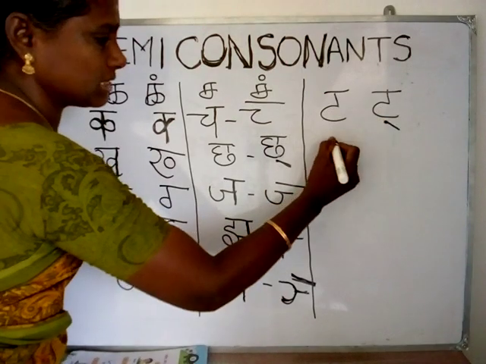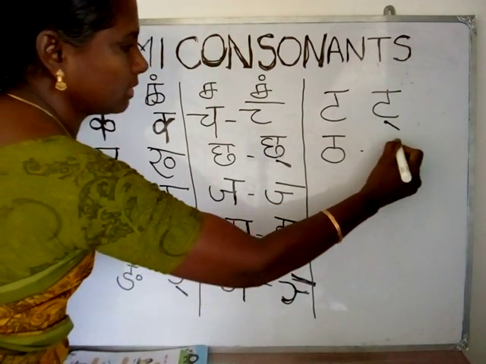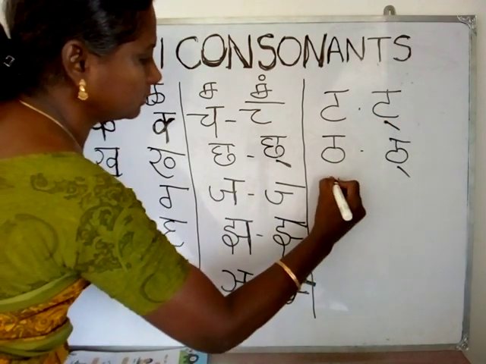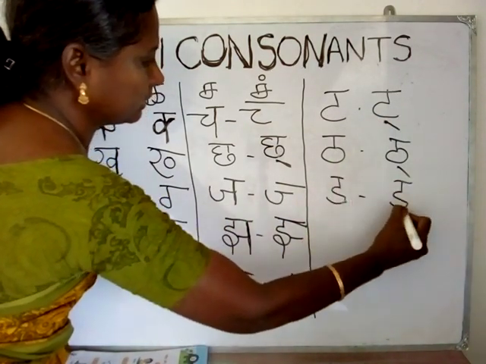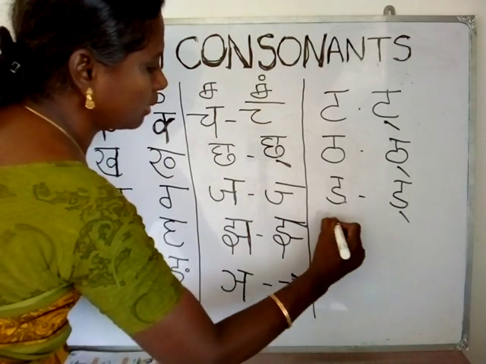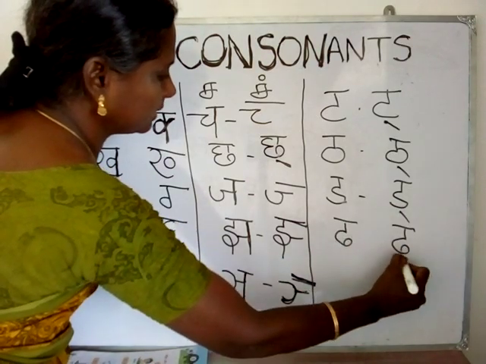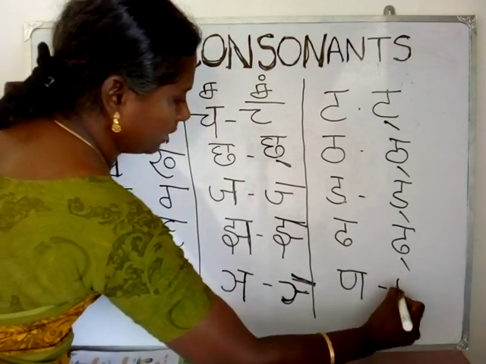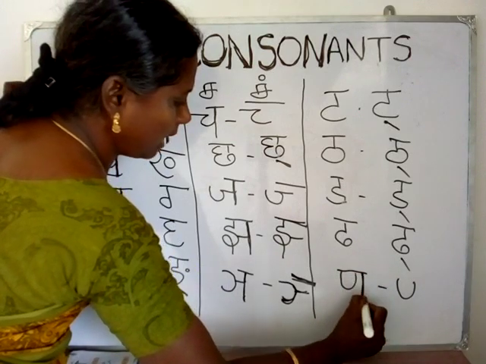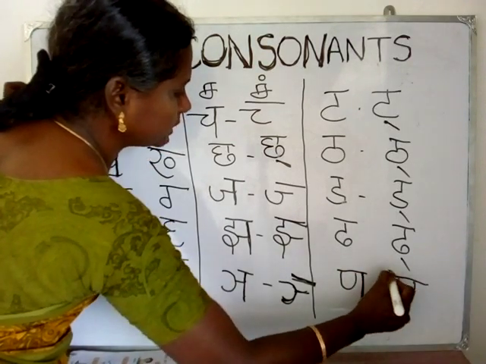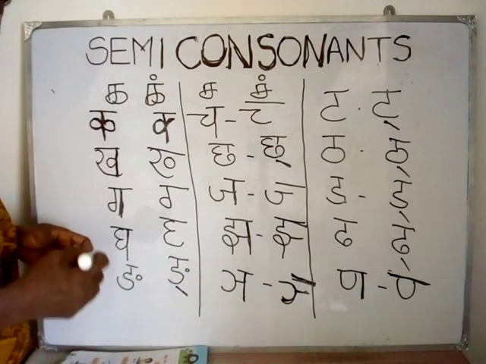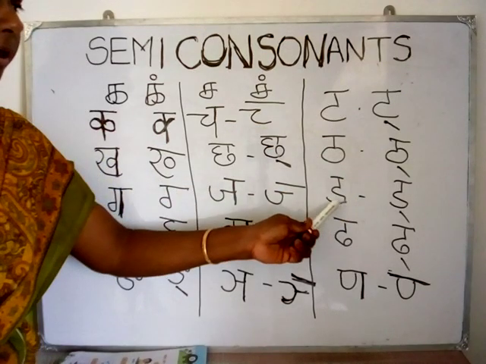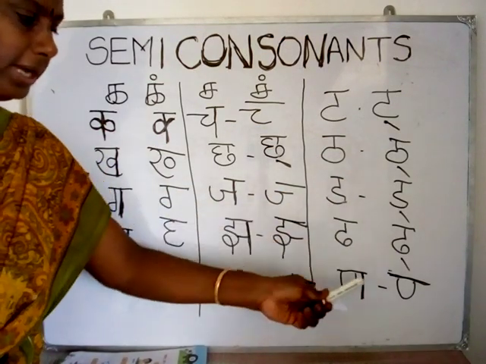Ta, it, da, id, na. Here there is the last long line, so you have to remove it. This is in. Once again I am repeating. Ta, it, da, id, na, in.